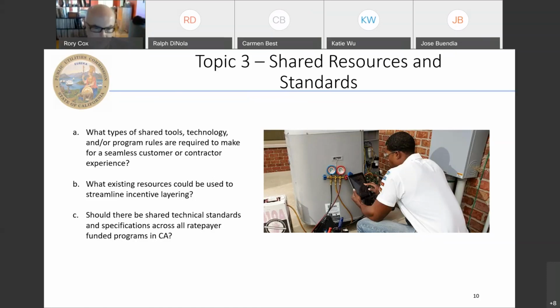So we really want to figure out what are ways that we can either build upon what we have, or if we need to create something new, what does that need to be? Also, should there be shared technical standards and specs across all ratepayer funded programs in California for these appliances?